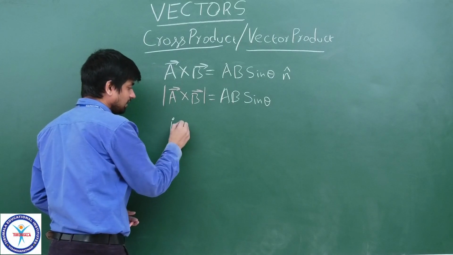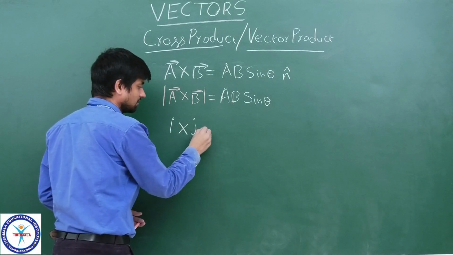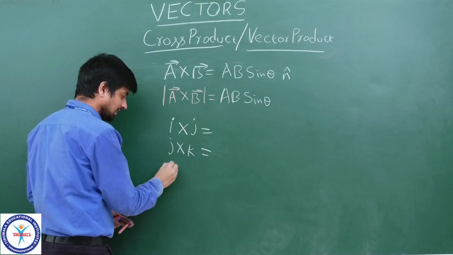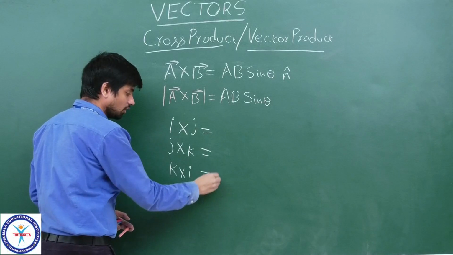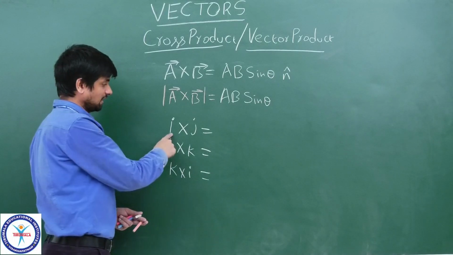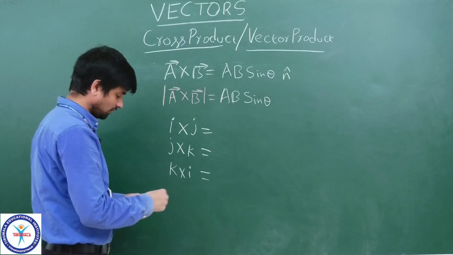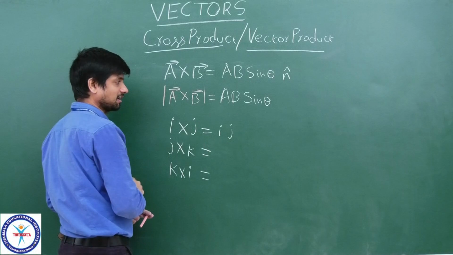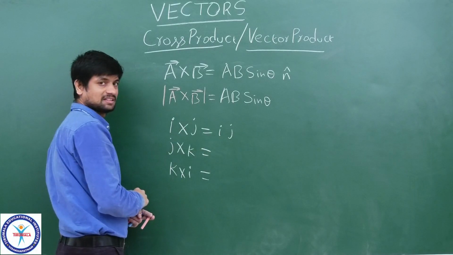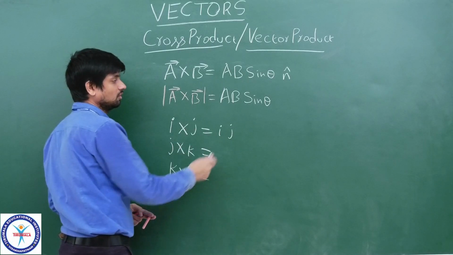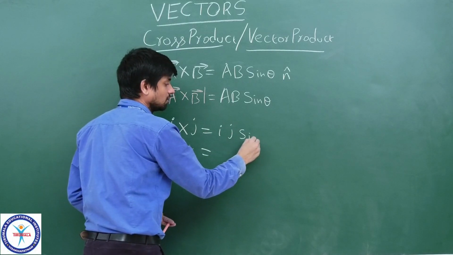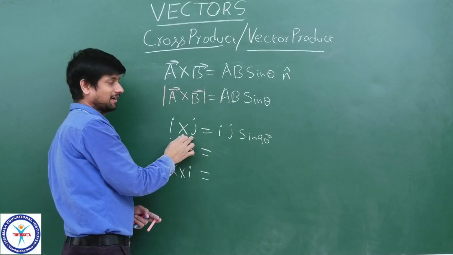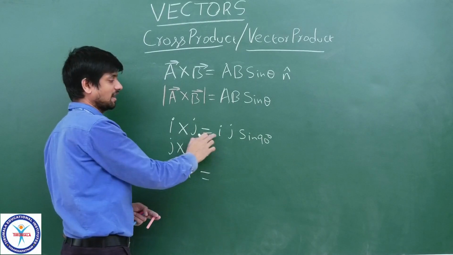I cross j, what do you get? j cross k, what do you get? k cross i, what do you get? Let me know. For i cross j: i j, their magnitudes as it is, times sin 90. Why sin 90, children? These are the x axis and y axis unit vectors, so the angle between them is 90.